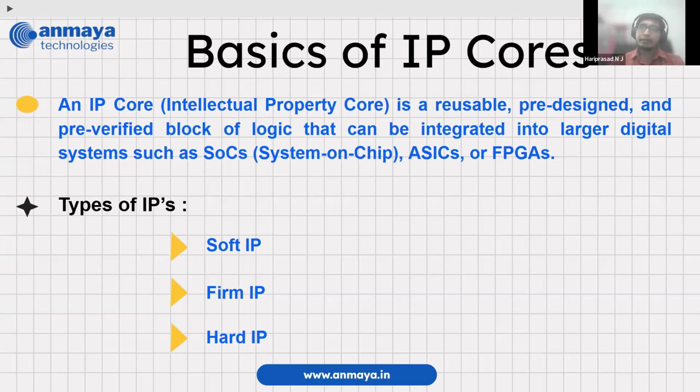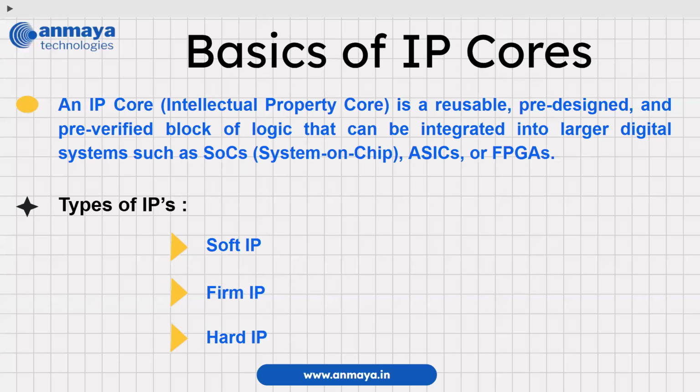We have IPs in Vivado called MicroBlaze, where you can instantiate that MicroBlaze as a soft IP and create your own processor. But can someone tell me what could be the difference between hard IP and soft IP? What could be the impact on our design of using hard IP versus soft IP?